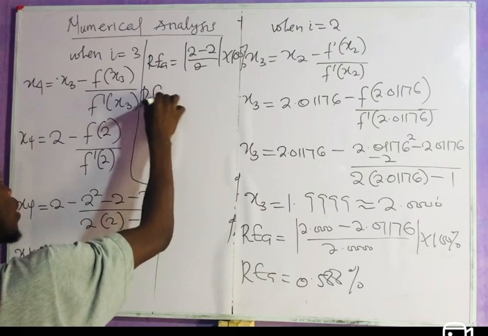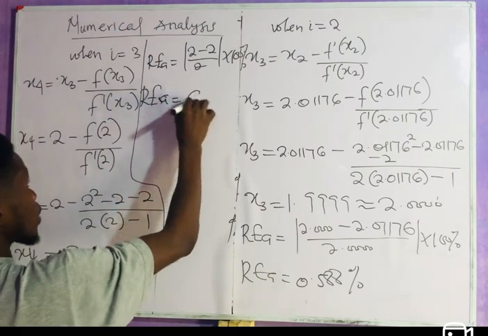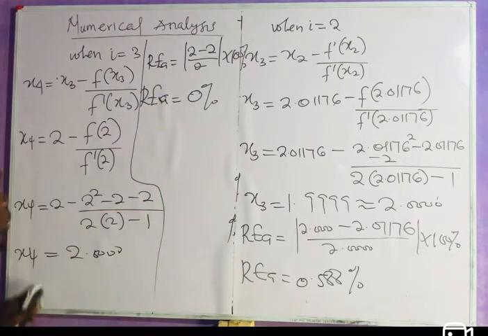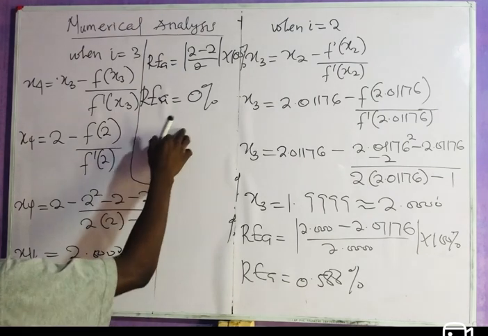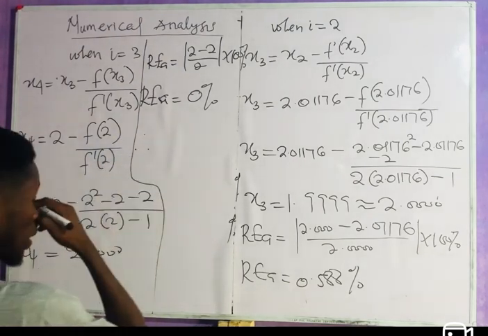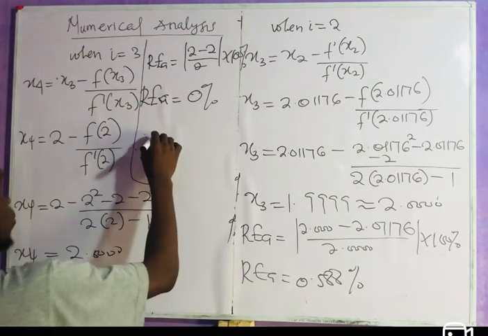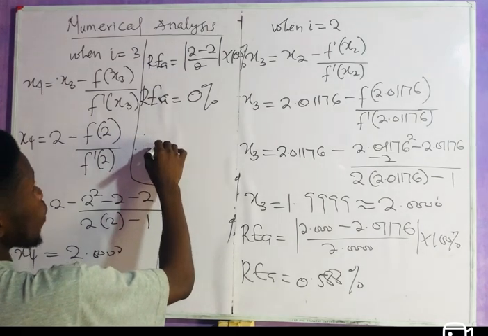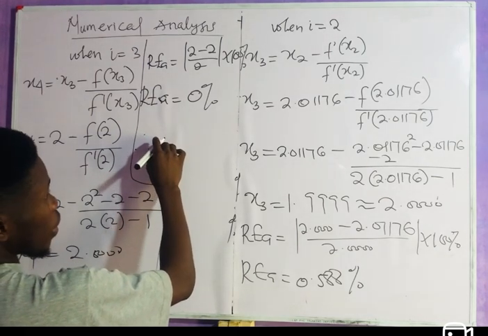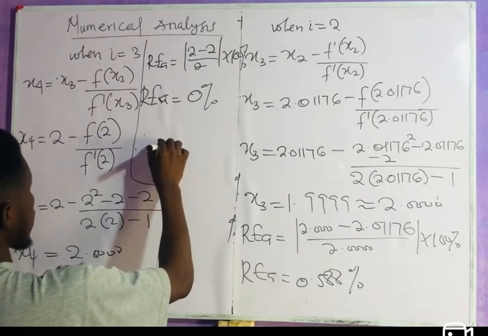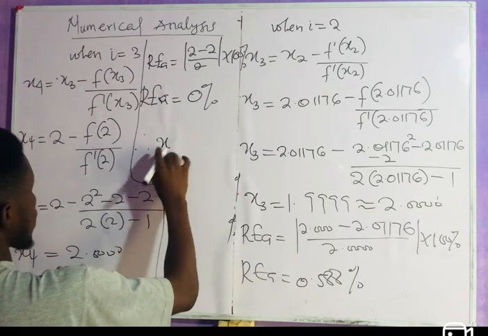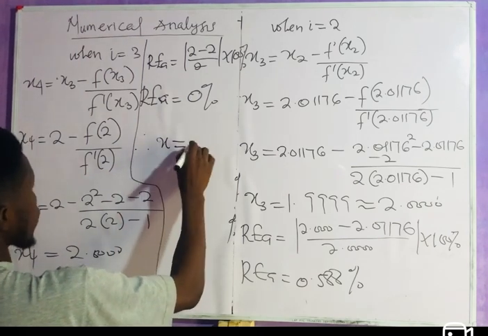We are saying that if the relative error gives us 0%, then you can say that this thing has converged. Therefore, the estimated root of the polynomial function is x equals 2.